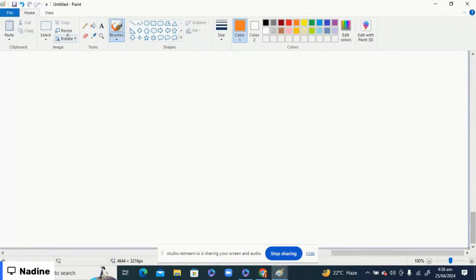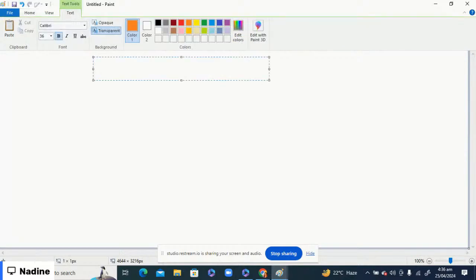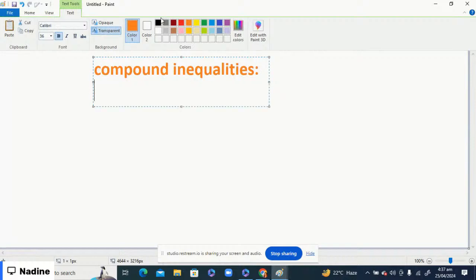Let me write here the definition. Compound inequalities.